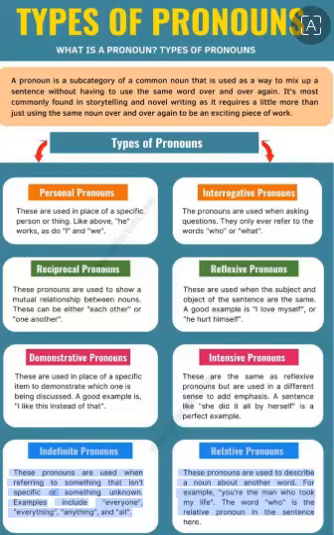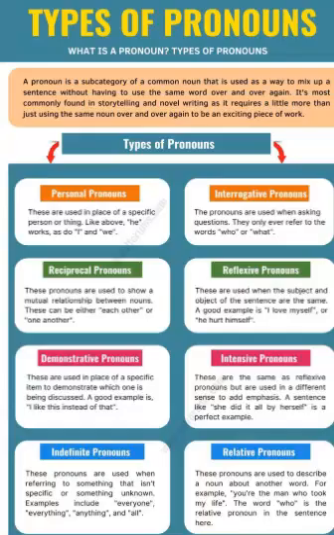First, personal pronouns. They are used in the place of a specific person or thing, like he, I, and we. Personal pronouns are used in place of the names of people and things.